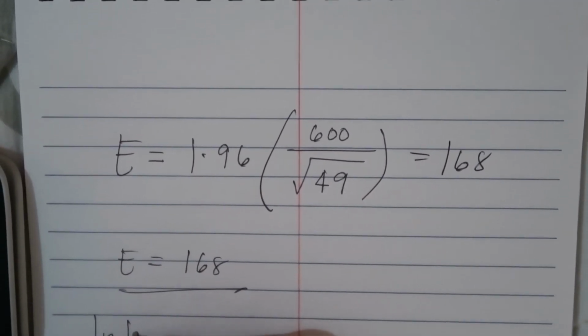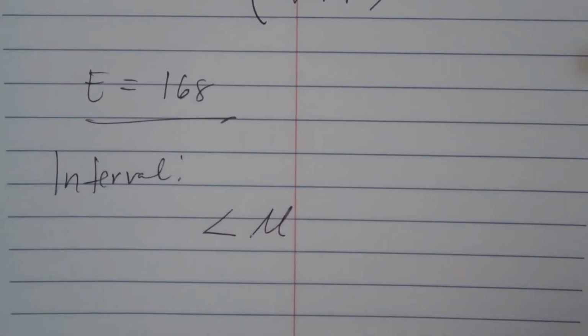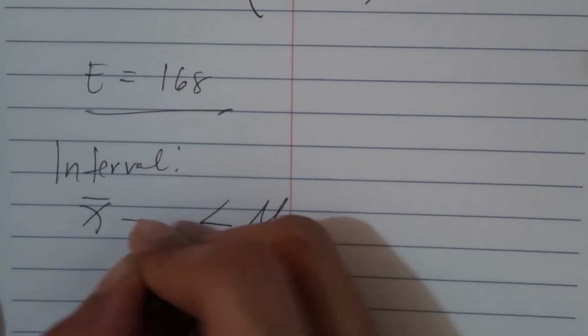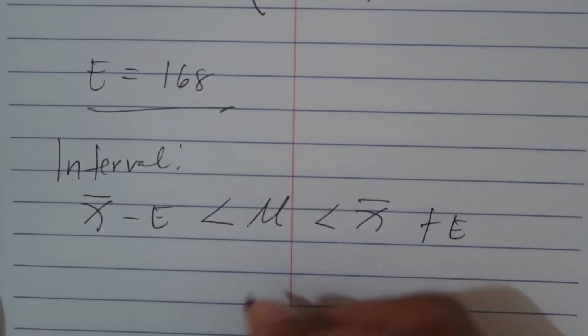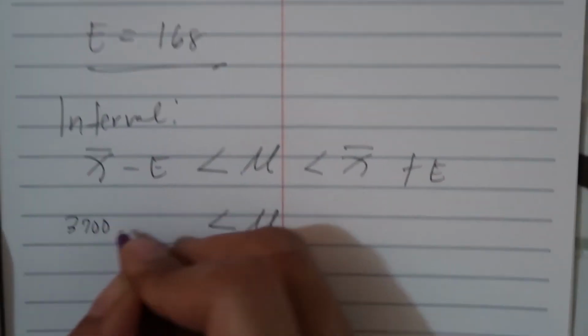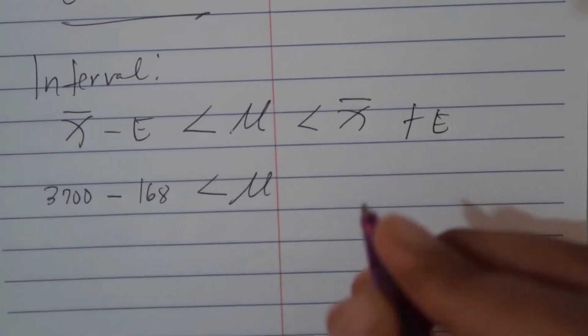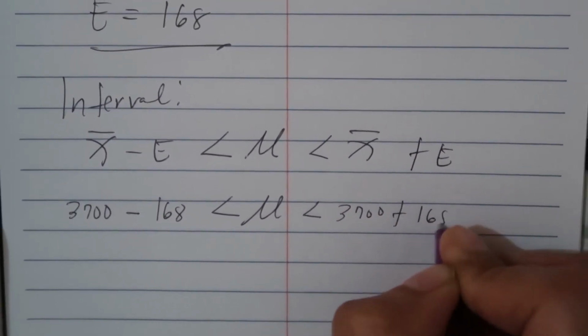So your interval, going back, okay? So mu is greater than the sample mean minus E, but less than the sample mean plus E. So mu is greater than, what is your sample mean? 3,700 minus 168, but less than 3,700 plus 168.